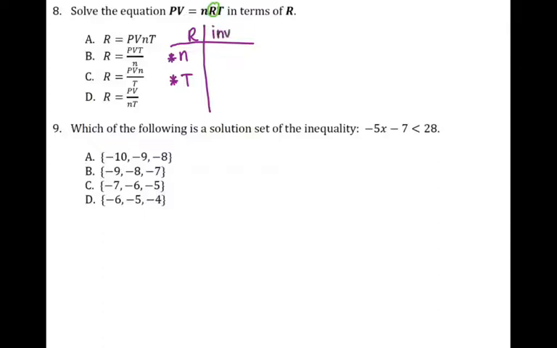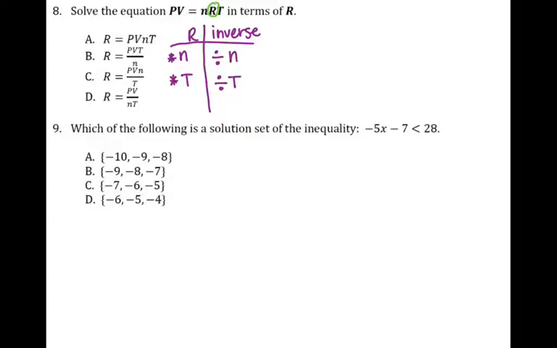So I'm going to write inverse so I know what operations I need to do to undo what's happening to R. To undo multiplication by n, I'm going to have to divide by n. And to undo multiplication by T, I'm also going to have to divide by T.